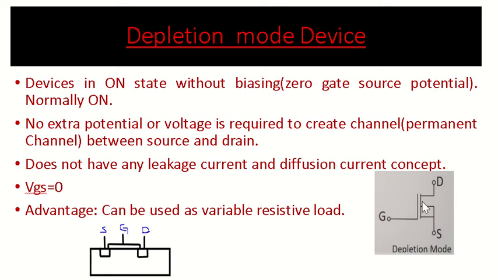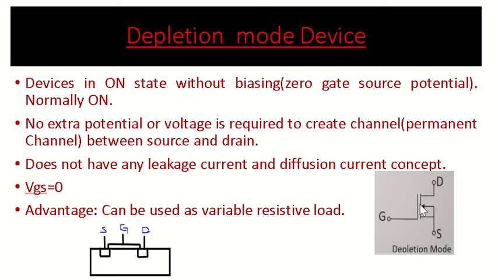If it is not continuous, if it is intermittent, then we can say that it is enhancement. If the line is continuous, a straight line, then the device is being used in depletion mode. Since we can see a continuous line, we can say that it is operating in depletion mode.